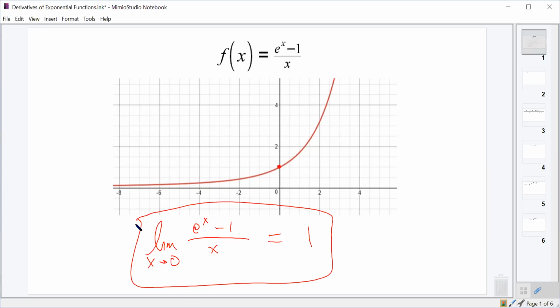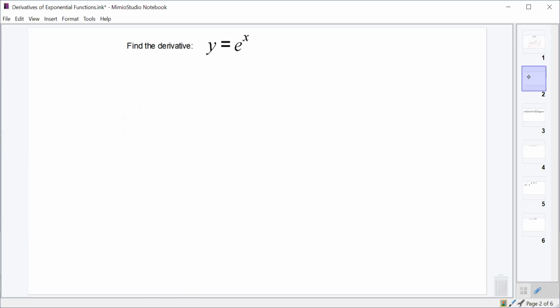There's a really easy way to prove it that we don't know yet, that we'll learn when we start doing applications of the derivative. But this is a true statement, right? The limit as x approaches 0 of e to the x minus 1 over x is 1. We're going to need that in the future. So just keep that in the back of your head as we try to find a way to get the derivative of e to the x.